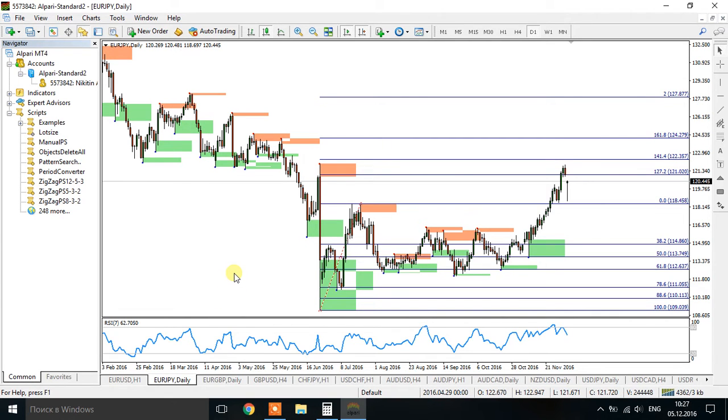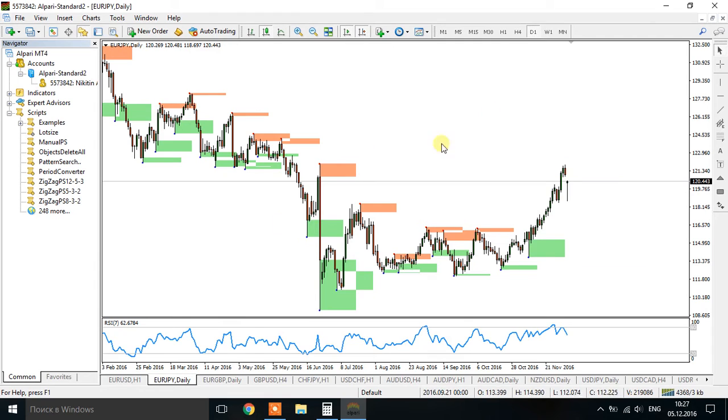What else can be found here? The next thing in my checklist is to check if we have AB equals CD patterns. To see that, you need to stretch your line and then copy it. Copy and paste like this. Let's be more precise.